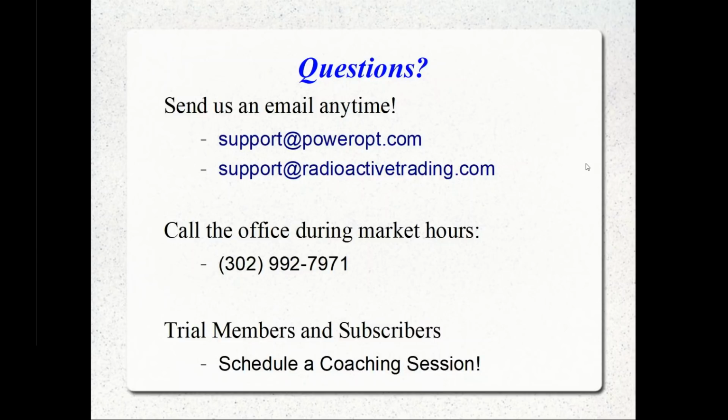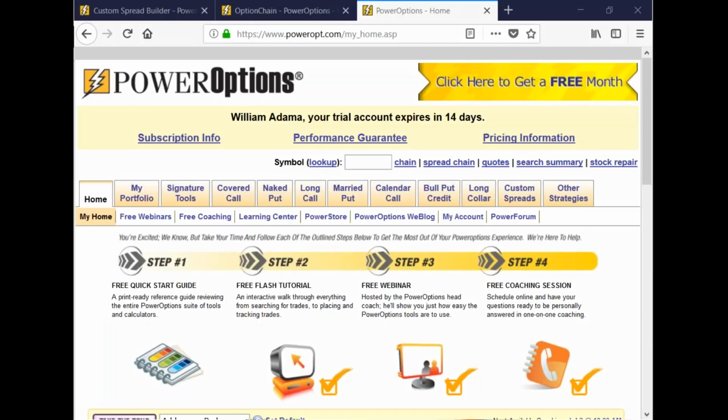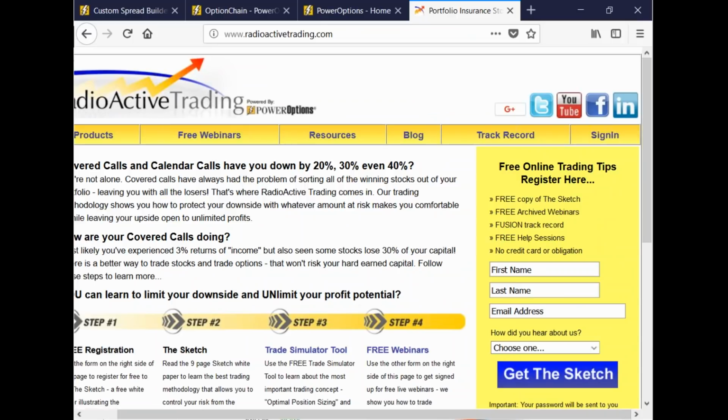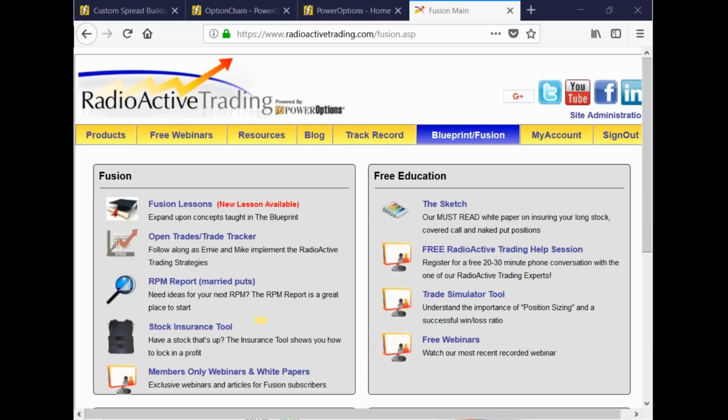If you're a Fusion subscriber at Radioactive Trading or you own the blueprints, you log on to the Radioactive Trading site at radioactivetrading.com.